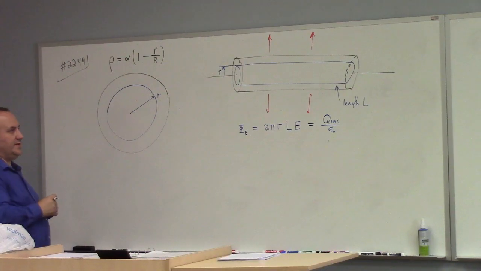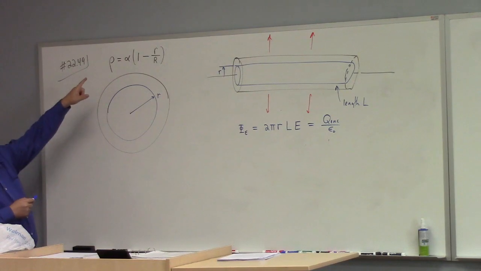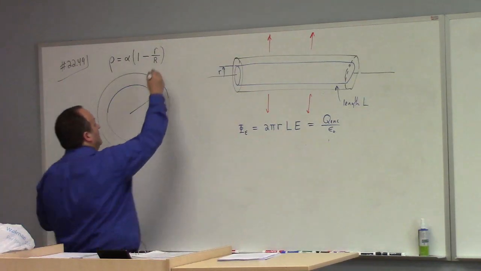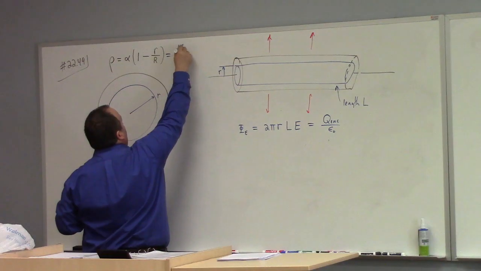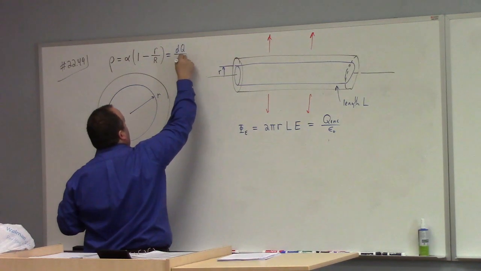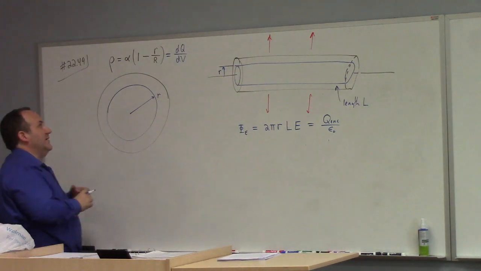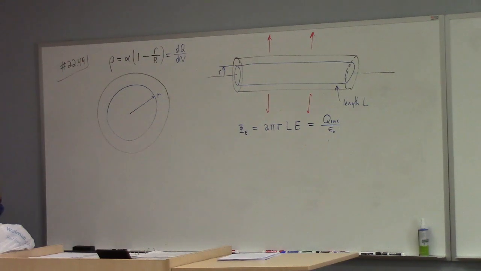And so it's helpful for me to invent yet another letter, because I'm going to have to do an integration, you see, because the charge density, this is dq dV, right? The charge per unit volume, dq dV. It varies with R. So the way I want to do it is to chop it up into cylindrical shells, like we did in Calc 2, remember cylindrical shells?